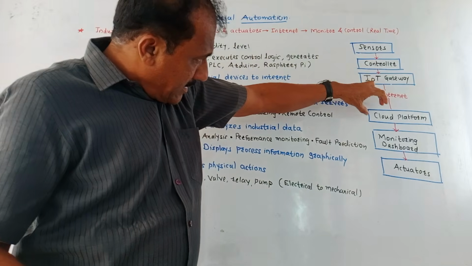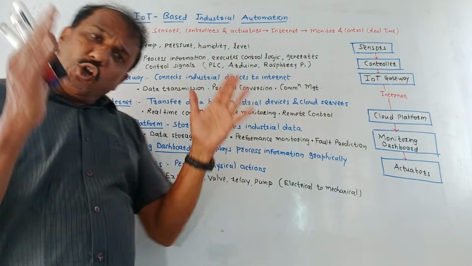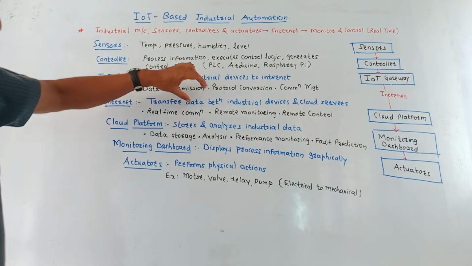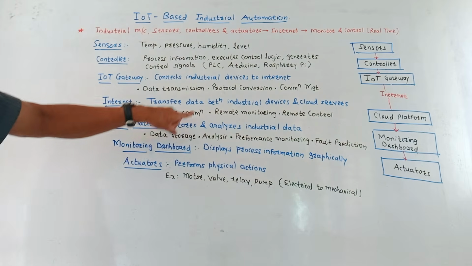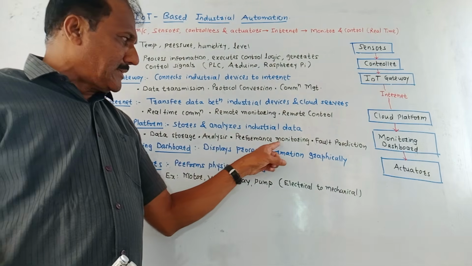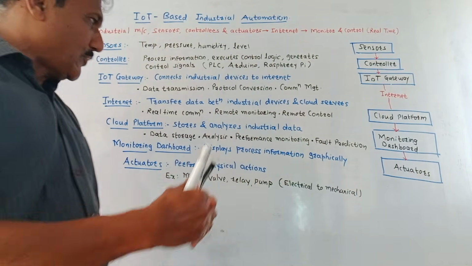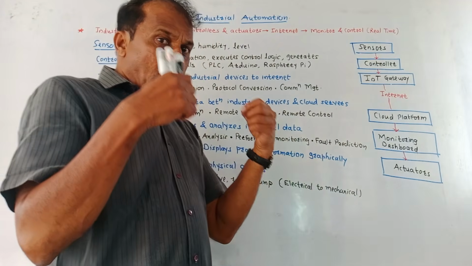Then next block is the cloud platform. Basically, cloud platform stores and analyzes the industrial data. So major functions are data storage, then data analysis, then performance monitoring. So it helps to monitor the performance of a particular process, and as I mentioned earlier, early detection of the fault.